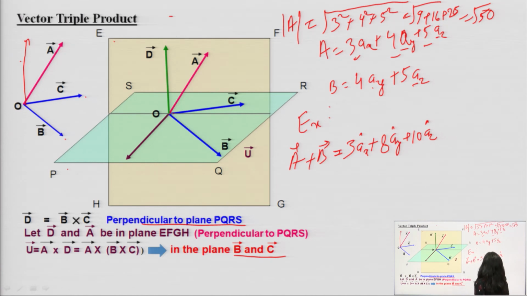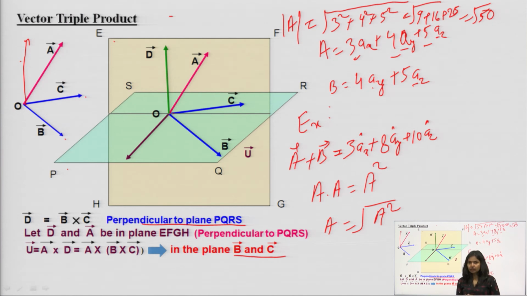Another way is to just do A dot A, and A dot A will be equal to A squared. So you can find the value of A from A squared in this way also.